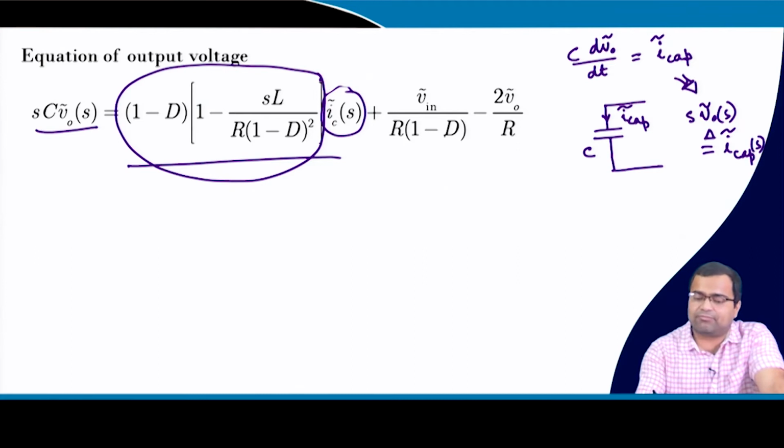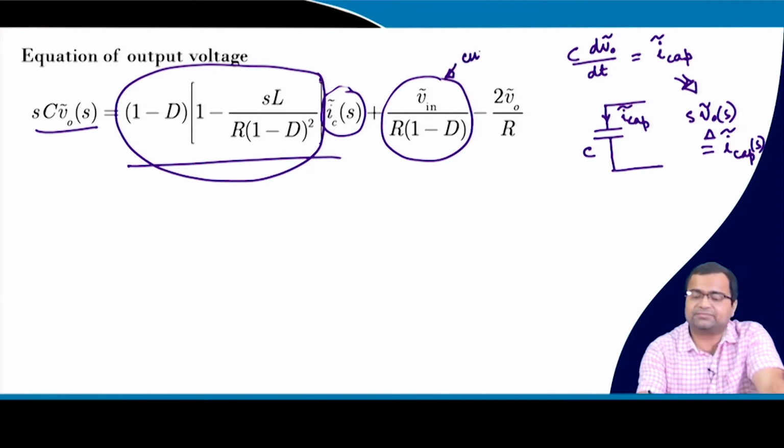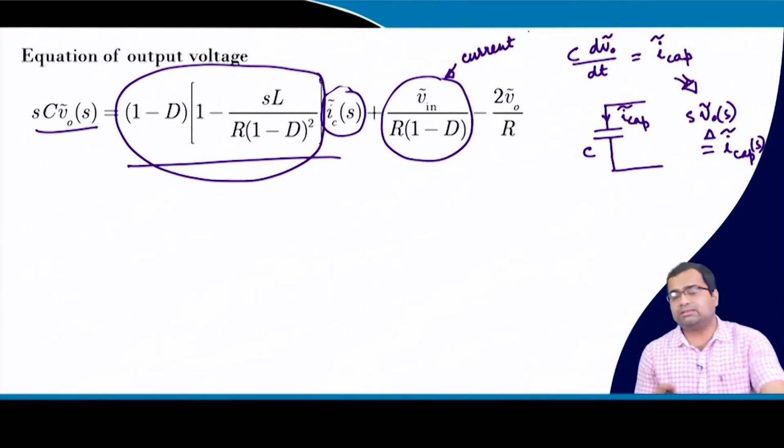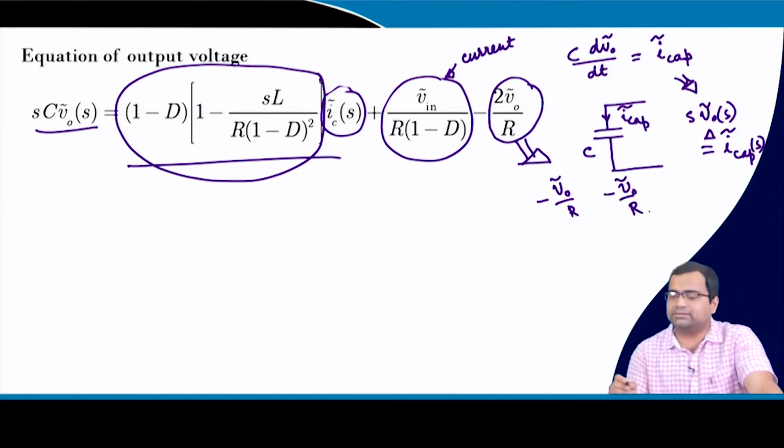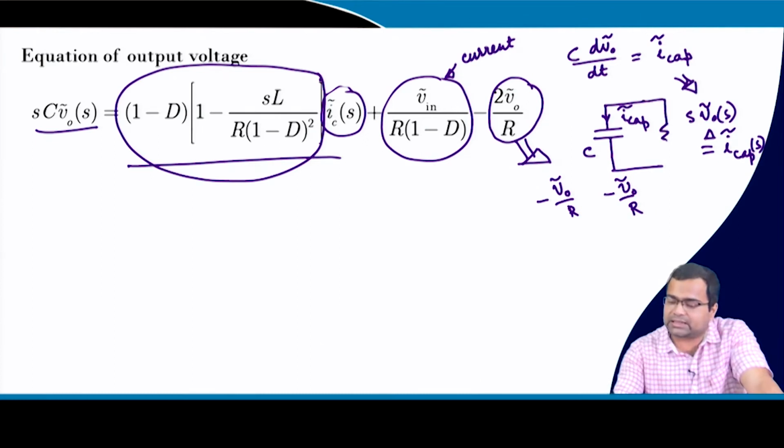Then you can think of this quantity as virtually looking like a current; dimensionally it represents current, because it is voltage by resistance and D is a dimensionless quantity. So, it represents current. Similarly here also, but this term we can divide into two parts: minus V_0 by R.